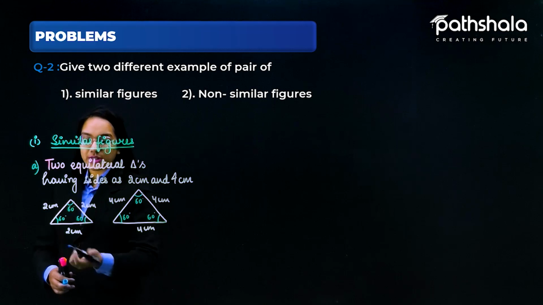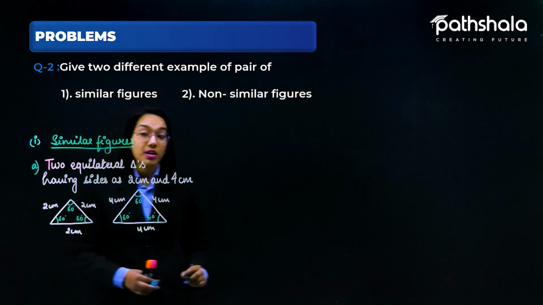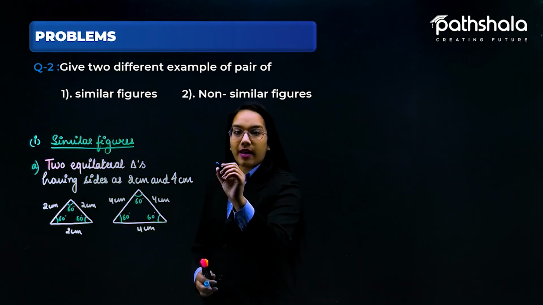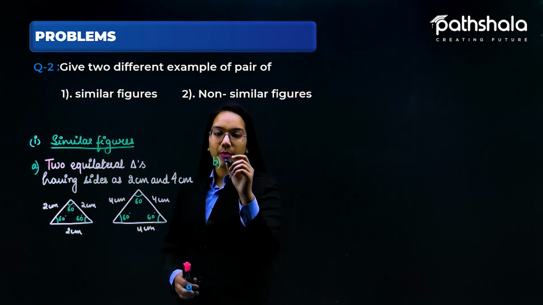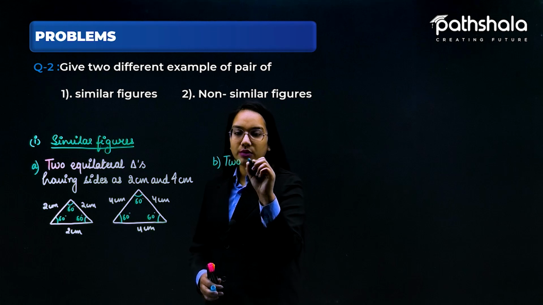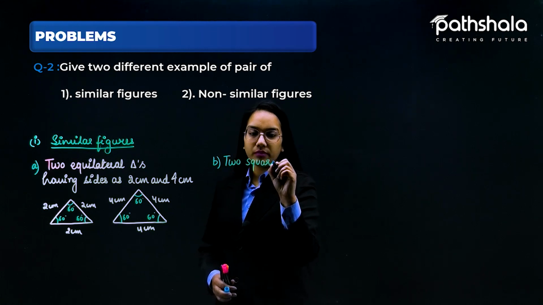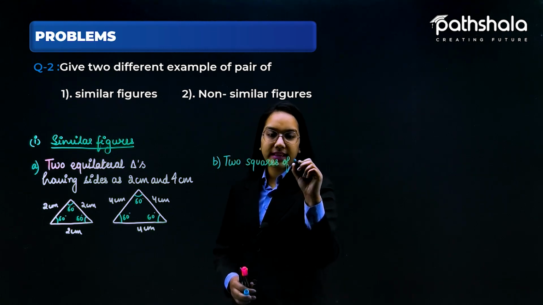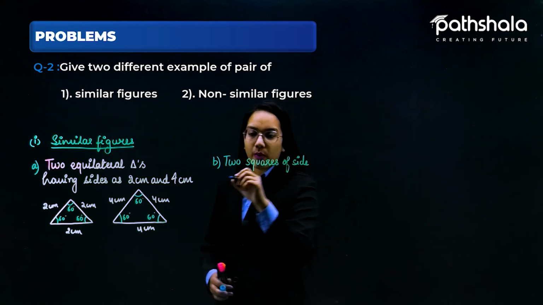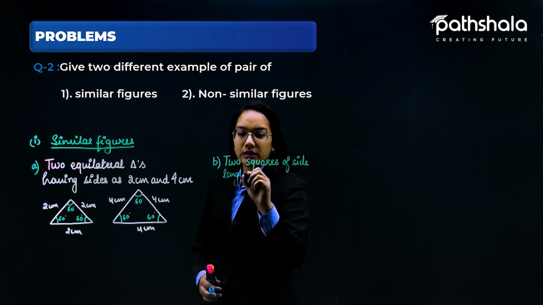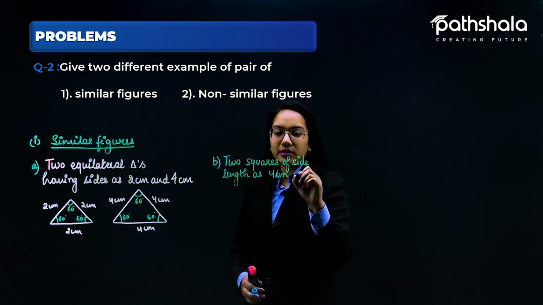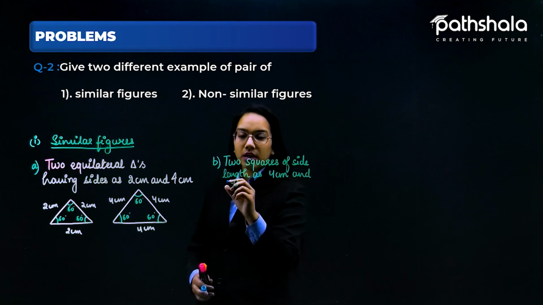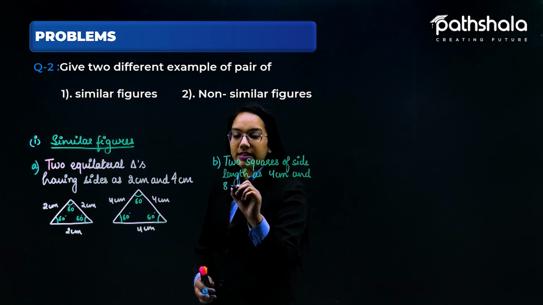Now let's talk about the second example of similar figures. Let us suppose I am taking the example of 2 squares of side lengths 4 centimeter and 8 centimeter.